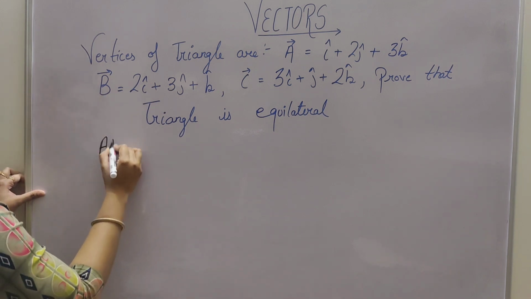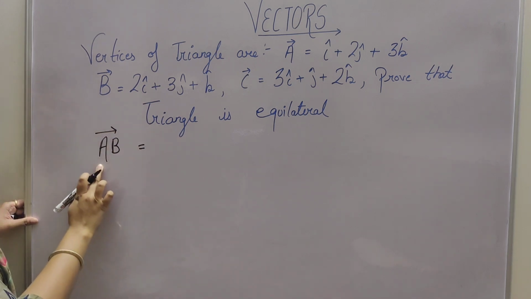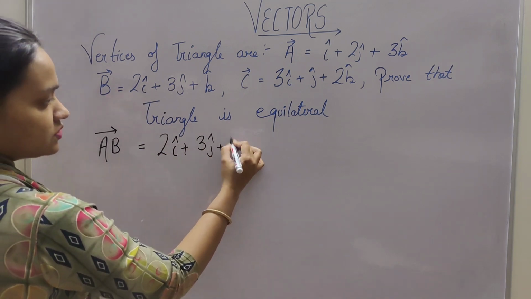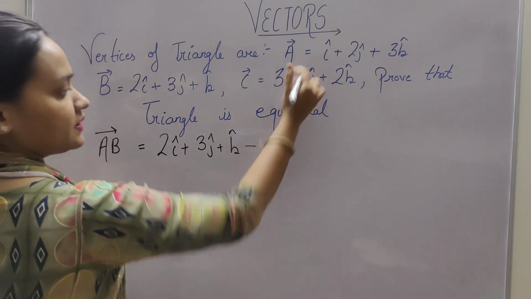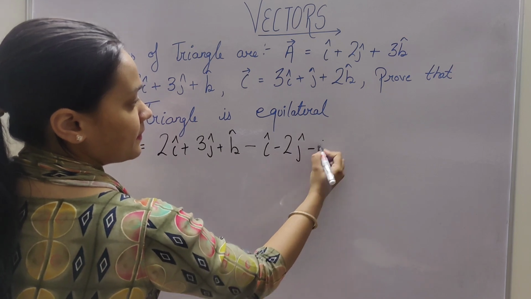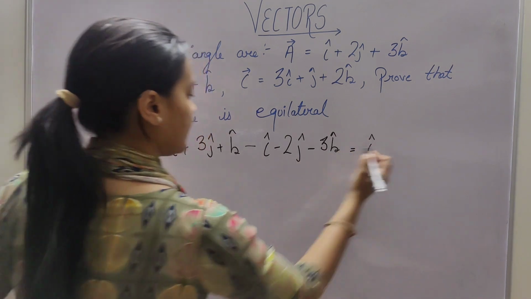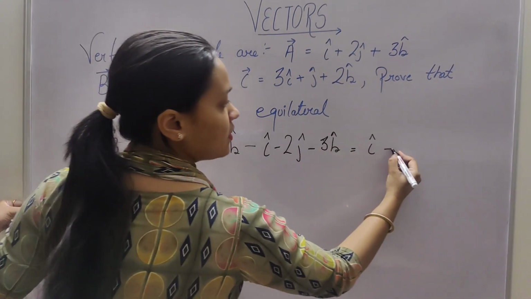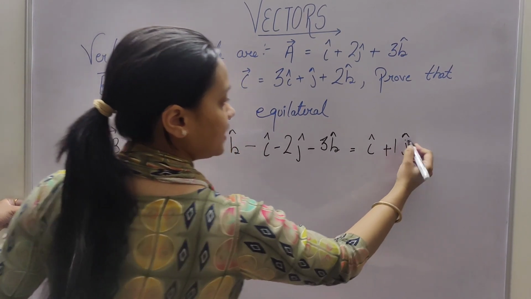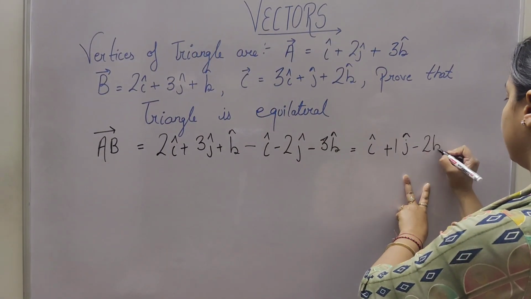By taking firstly vector AB, the position vector of B minus the position vector of A. So the values come 2 minus 1 is i, 3 minus 2 is 1j, 1 minus 3 is minus 2k.